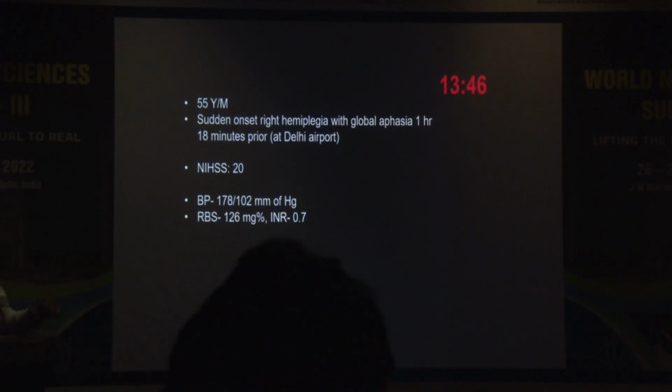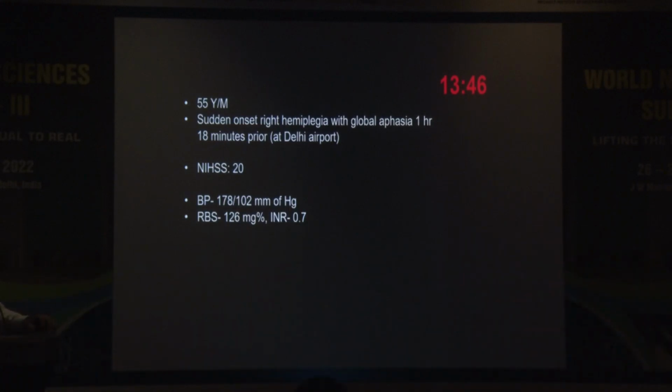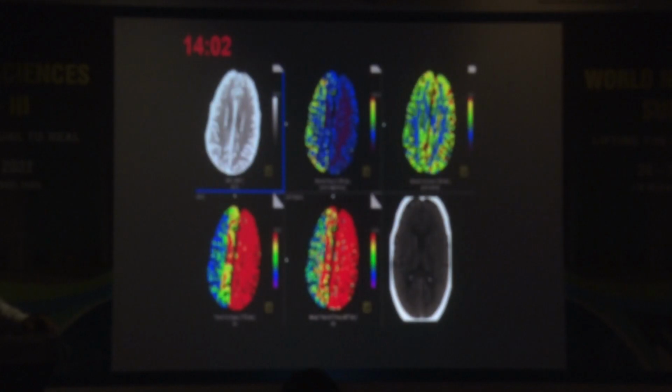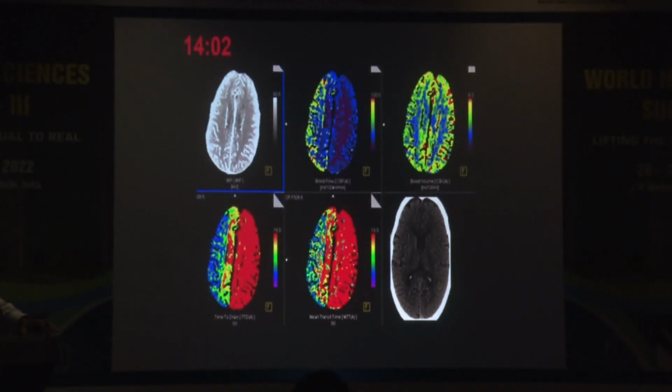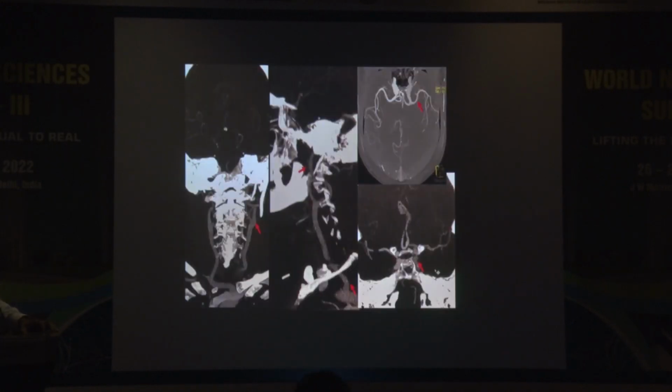So, a similar looking case, another one who presented with acute stroke: a 55-year-old male, high NIHSS of 20, code brain was activated, and perfusion showed a gross mismatch from CBV. It looks like the ICA is completely occluded. When we did the CT angiogram though, we found the MCA flowing, the ICA seems to be flowing, there is no occlusion whatsoever.